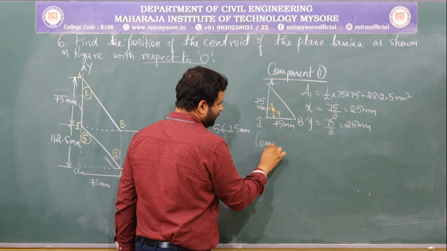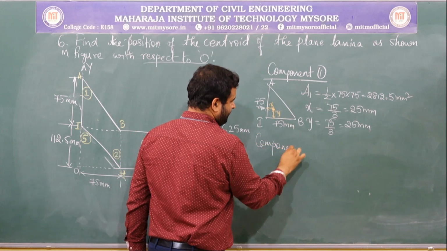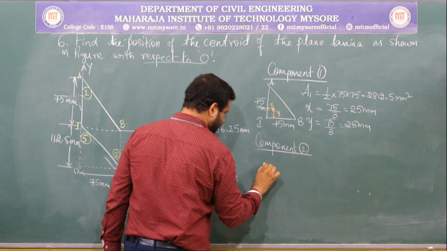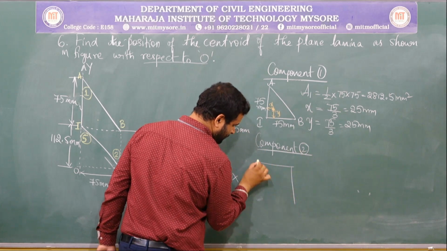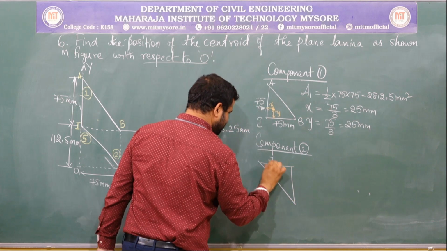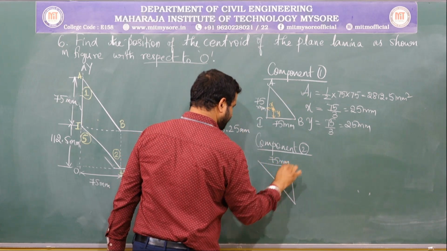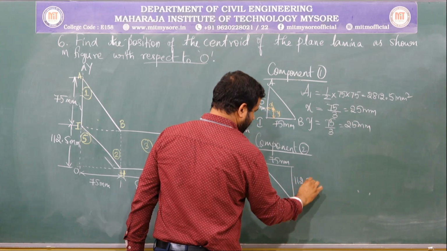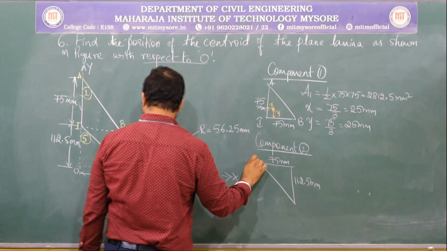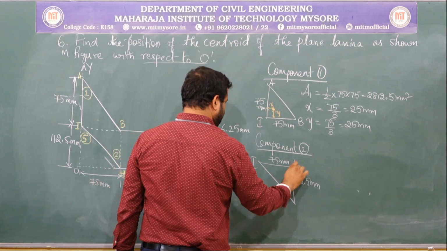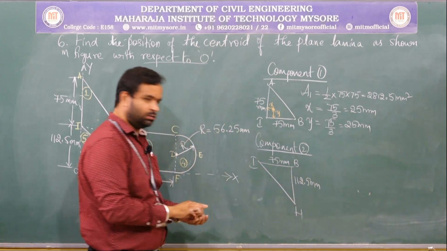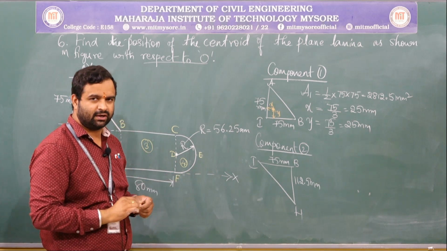Now, we shall go to component 2. Again it is a triangle, right angle triangle, and the base is 75 mm, the height is 112.5 mm, and the sides are I, B and H. So, do you know where to locate the center of this triangle?